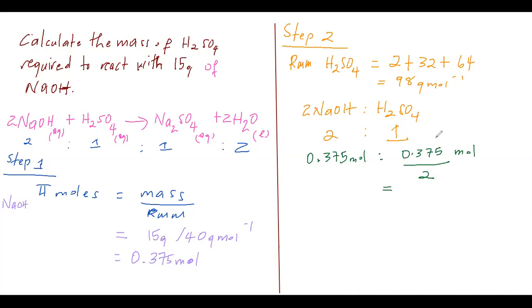That would give us 0.1875. So now that we have the moles of sulfuric acid, we can do the last part. We do the final step now.